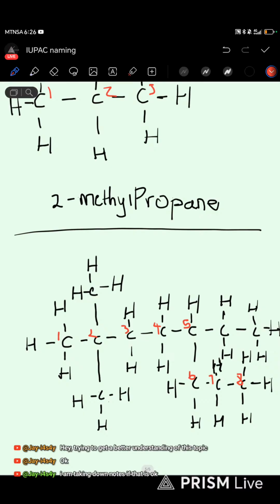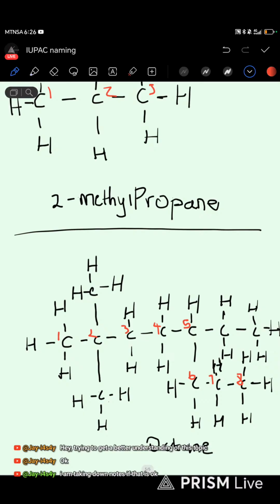I hope this is clear. So the longest chain is 8, and 8 is octane. Now notice that there are no double bonds here, so I know that the parent chain is octane. Now I need to look at the branches.